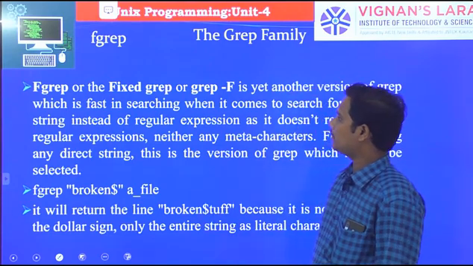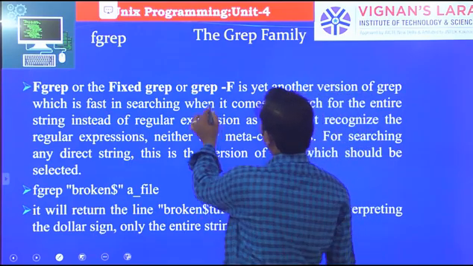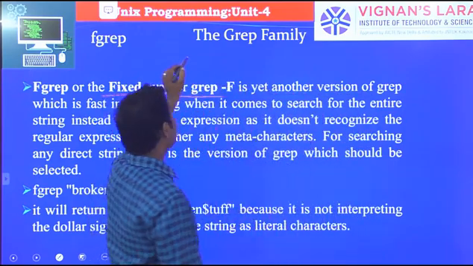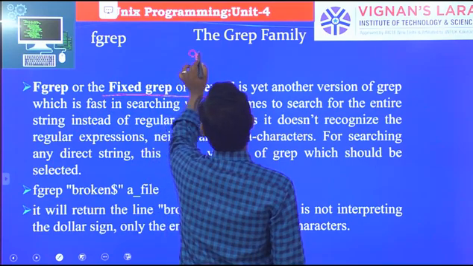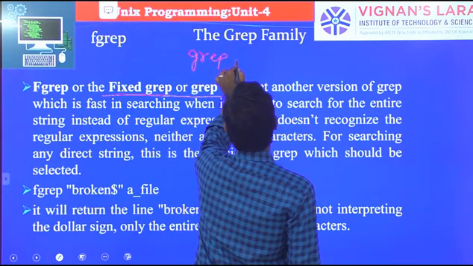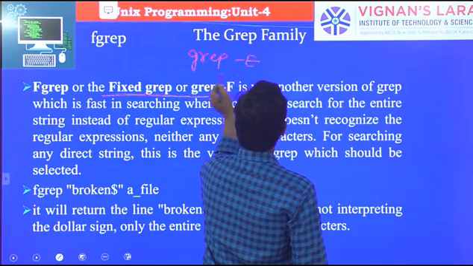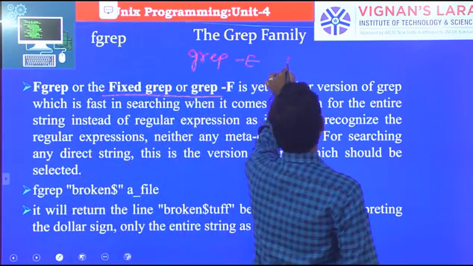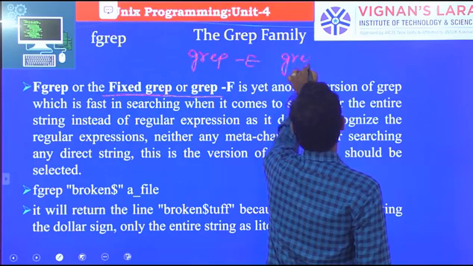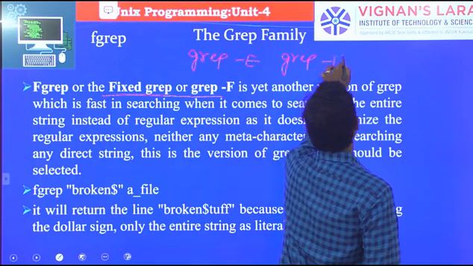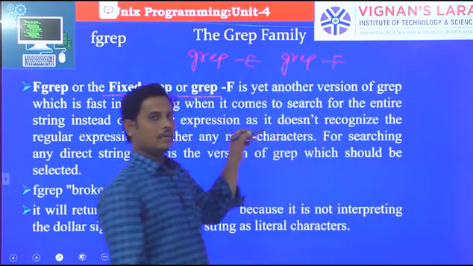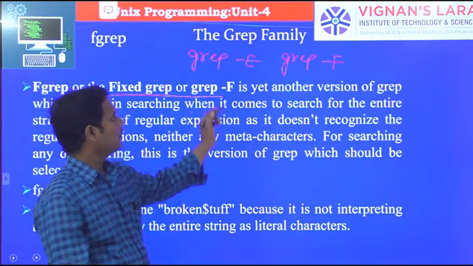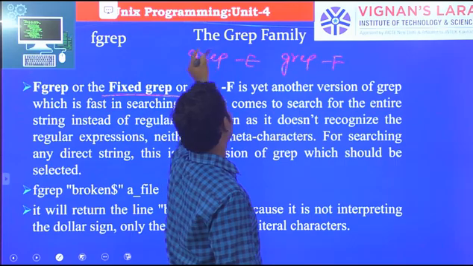Now, fgrep is fixed grep. The same options are available in egrep: grep with option E. Similarly, if capital F is used, it is called fgrep. Both have the same meaning.